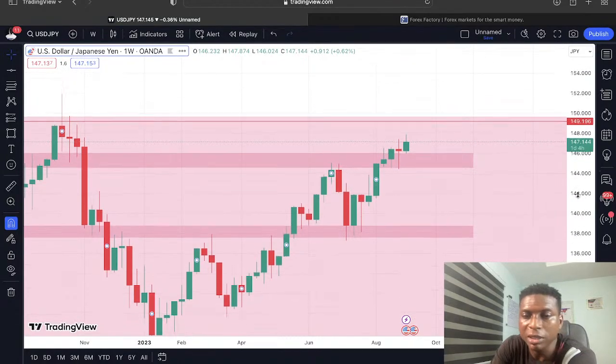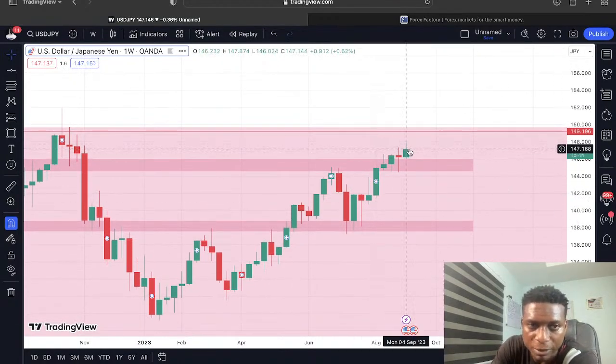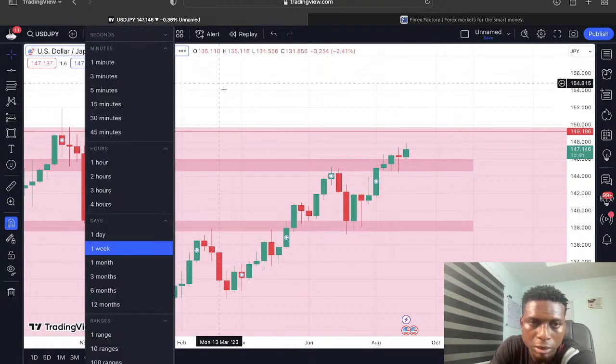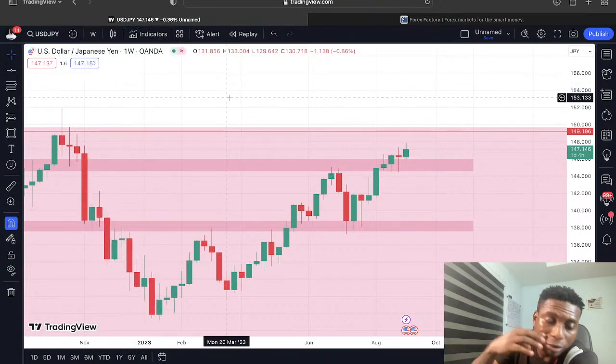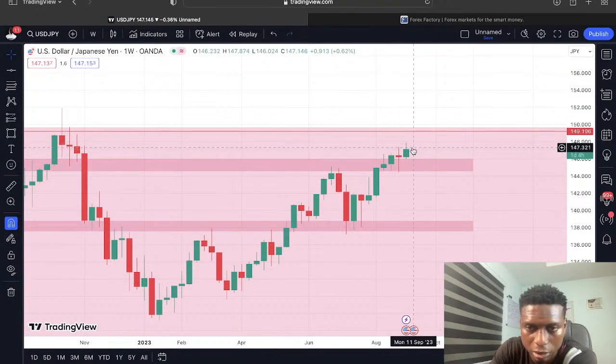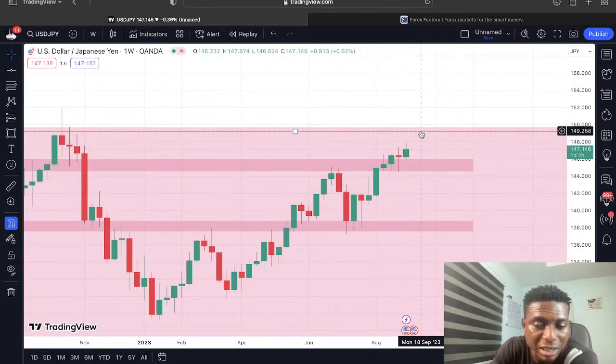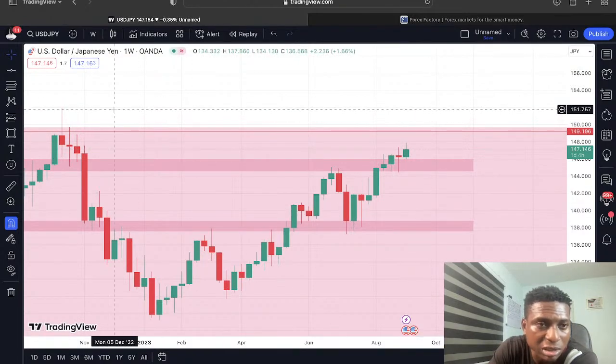So now price is sitting pretty much on that support zone. What are we expecting price to do from here? Now let's look at that in the daily time frame. But for swing traders, you definitely look at catching price up to this next resistance zone. When it touches this next resistance zone, it won't take long there.